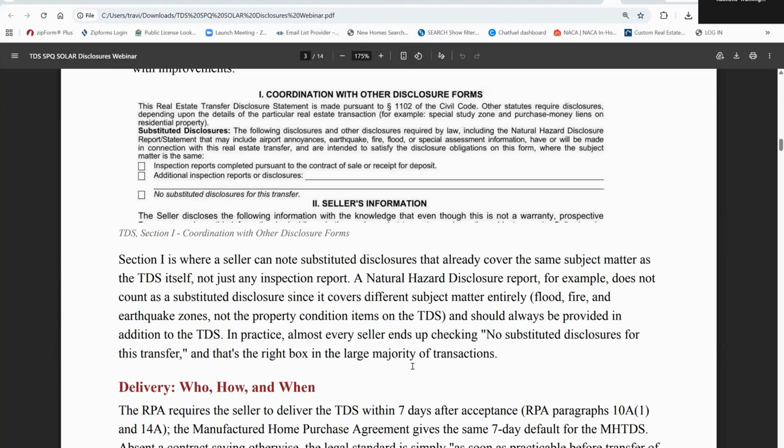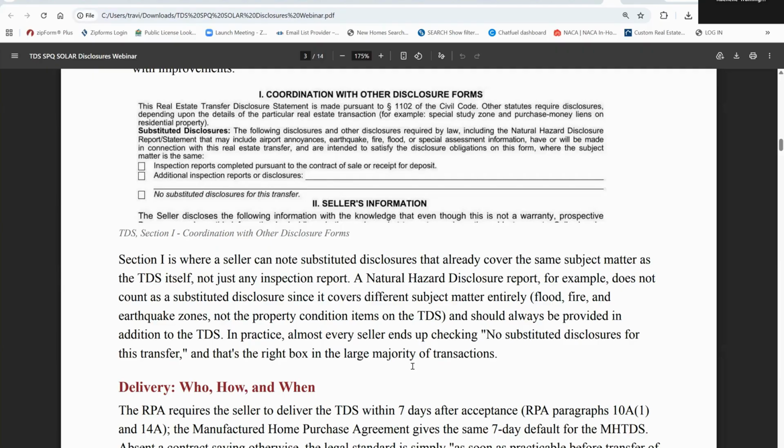This is where the seller can note substituted disclosures that already cover the same subject matter as the TDS itself, not just any inspection report. A natural hazard disclosure report, for example, does not count as a substituted disclosure since it covers different subject matter entirely: flood, fire, earthquake zones, not the property condition items on the TDS.